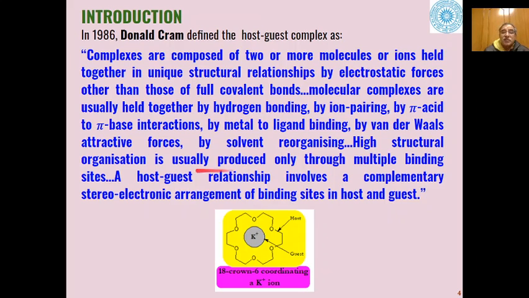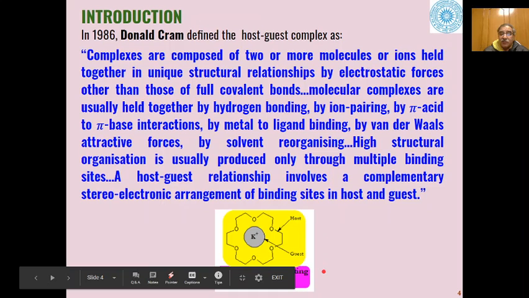High structural organization in these types of host-guest complexes is produced only through multiple binding sites. So within a host and guest there are multiple binding sites which lead to the binding of the host with the guest. A host-guest relationship involves complementary stereoelectronic arrangement of binding sites in host and guest.